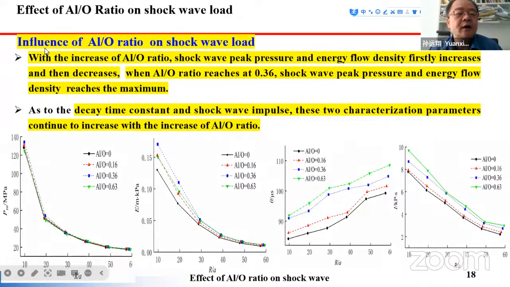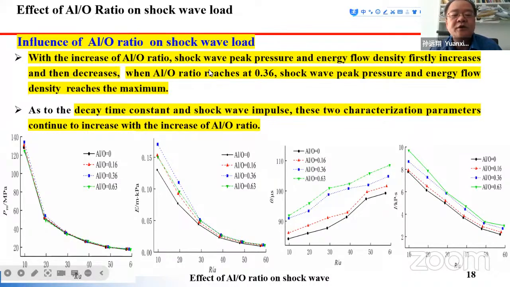Now we can see the influence of the ratio on the shock wave load. With the increase of the ratio, the shock wave peak pressure and the energy flux density first increase and then decrease.